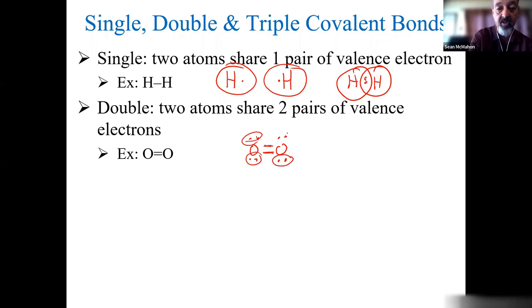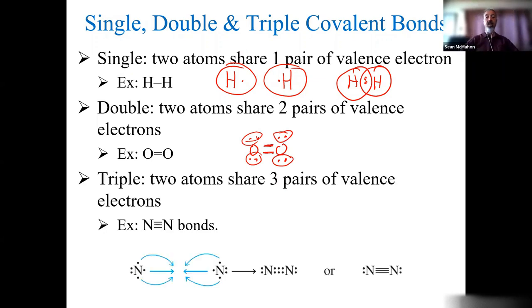Same thing here, 2, 4, 6, 8. Triple bonds are where you have 3 pairs of valence electrons being shared, like in this example of nitrogen that I said earlier. So I have 3 bonds and the 3 are being shared. We see the 3 odd electrons all come together to form 3 bonds, and it's basically a triple bond.